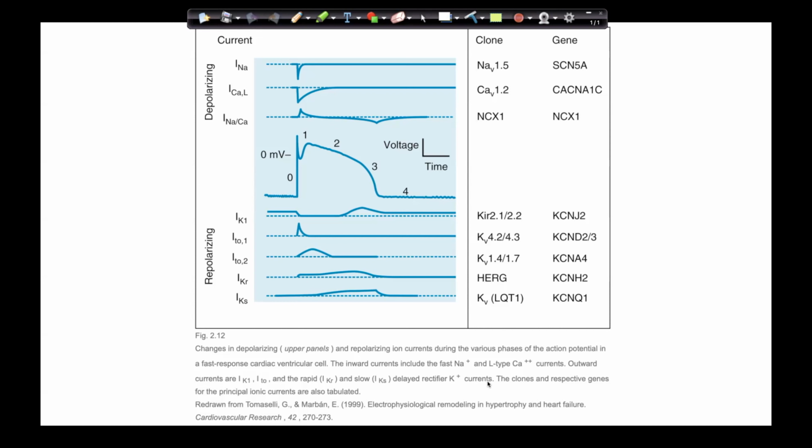So very important is that the repolarization of the ventricular action potential is very similar to what happens in the sino-atrial action potential. In other words, you get activation of the delayed rectifier potassium channels, which causes efflux of potassium through both the rapid IKr and the slow IKs.